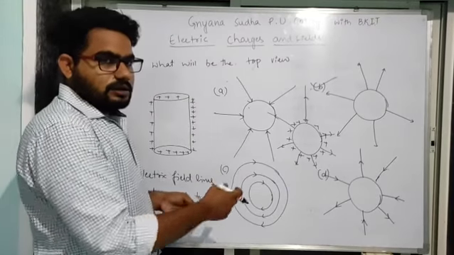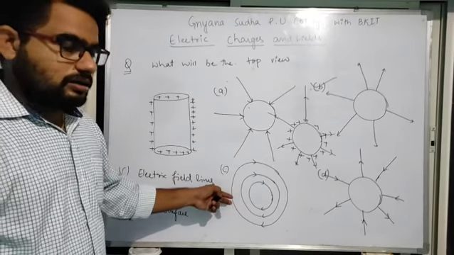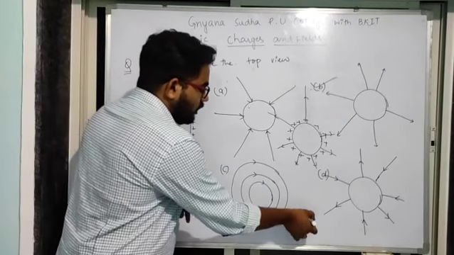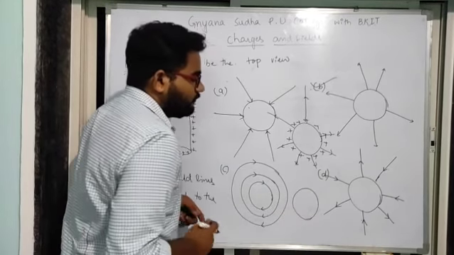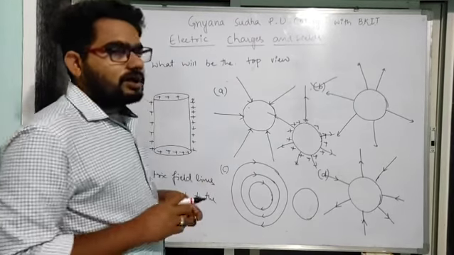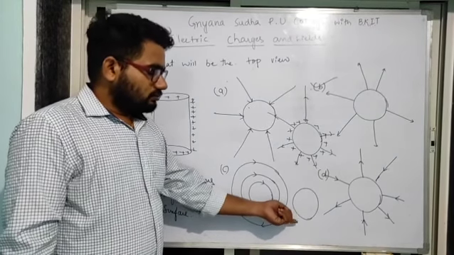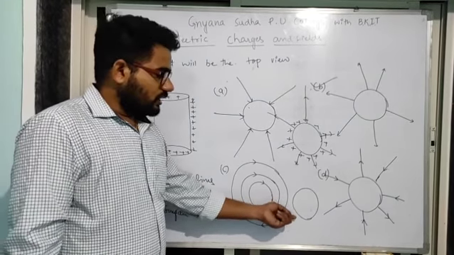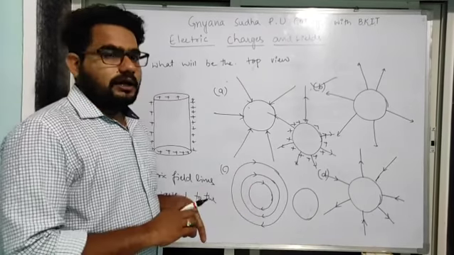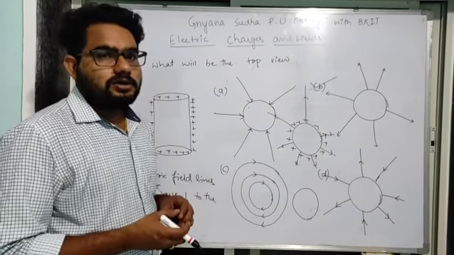So they are circles. First thing, is this true or not? Because field lines never intersect and they cannot form a closed loop. We also told in the last video that field lines never form a closed loop.